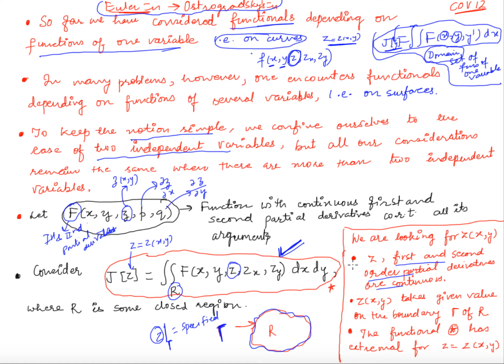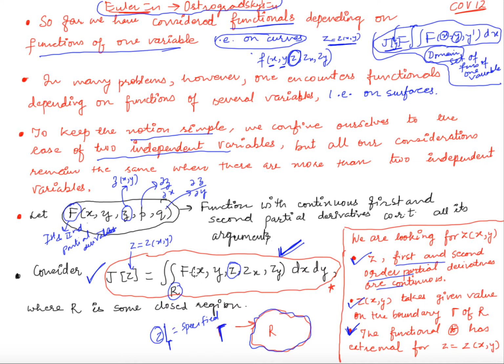So we are looking for z with first and second order partial derivatives continuous, where z takes a given value on the boundary gamma of R, and for this particular z, the functional J of z has an extreme value.